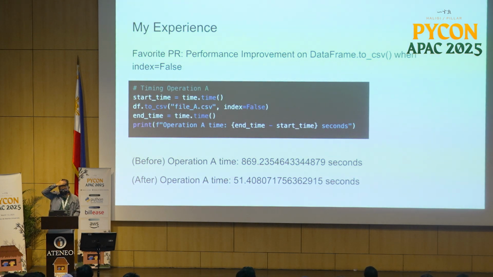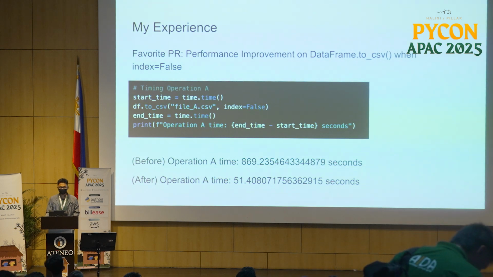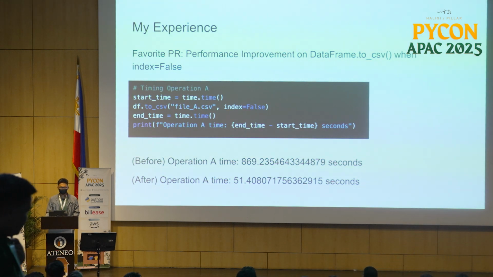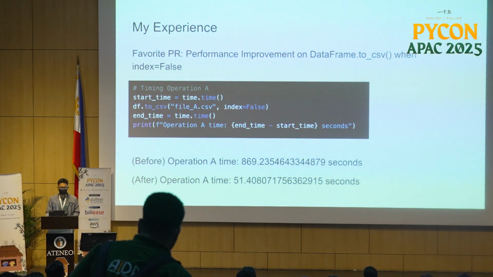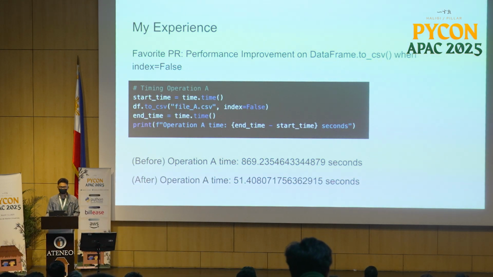Now, the problem here was that even though the parameter is index equals True by default, what happens is if index is equals to False, the operation time is still the same. And that's pretty weird, because if you add index equals False, it should be much faster, since you're not building the index to be outputted by the CSV file.